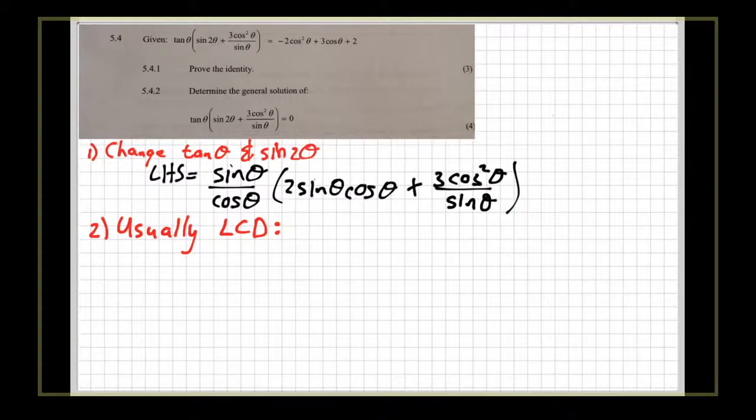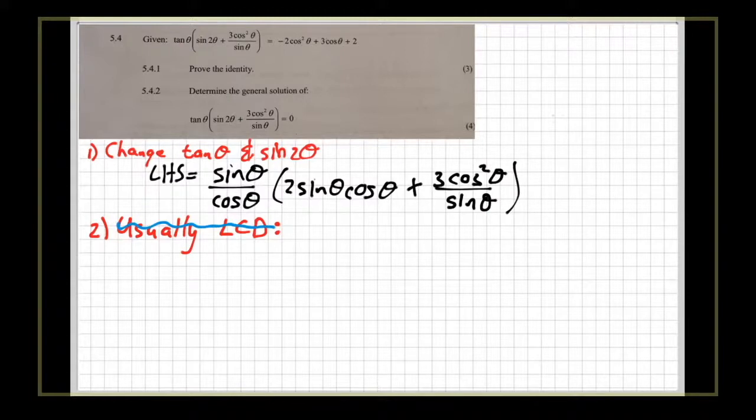So the LCD inside the fraction would be sine of theta. But I'm not actually going to do that. I'm going to be sneaky, okay? I am actually not going to do this, which is my normal step 2.